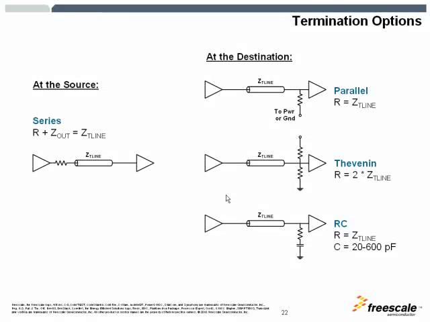And here you can see there are different ways that you can provide that impedance matching. There's a single resistor matching that you can do, or you can do Thevenin equivalent of 2 resistors, or you can do resistor and capacitor.